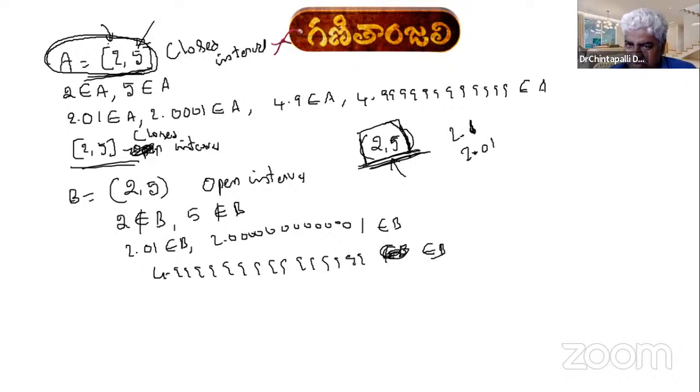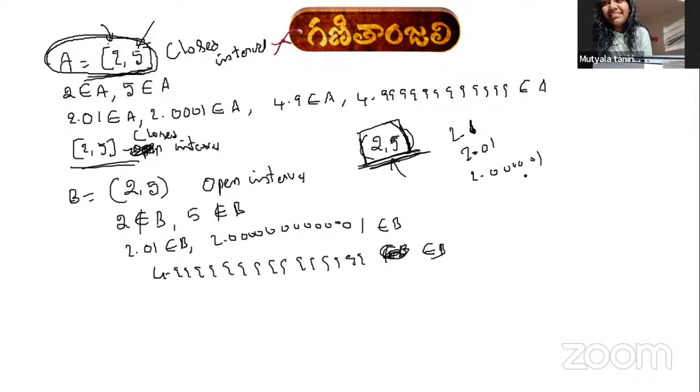Do you think that 2.001 is the beginning? No, because an even smaller number is there. So it has no beginning.